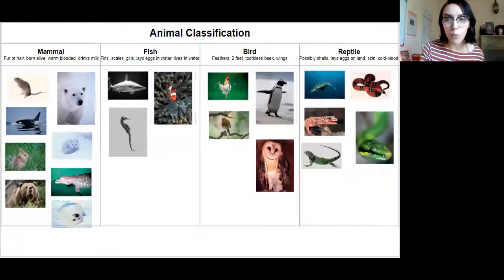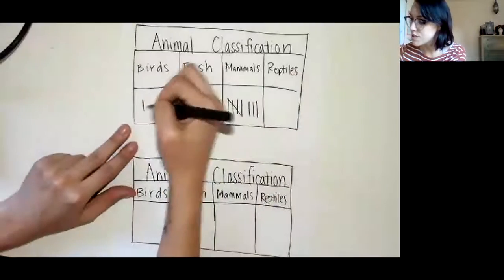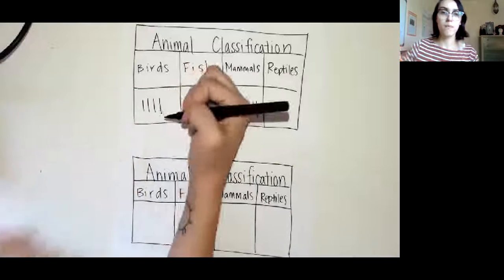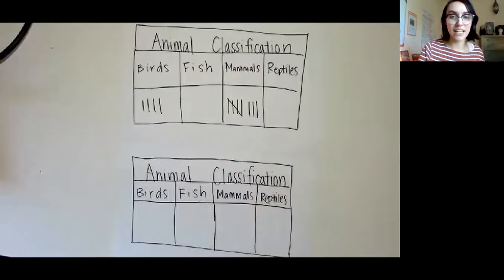We have 1, 2, 3, 4 birds. Let's go ahead and do that on our table here. So we had 1, 2, 3, 4 birds. I'm using tally marks to keep track of my data.